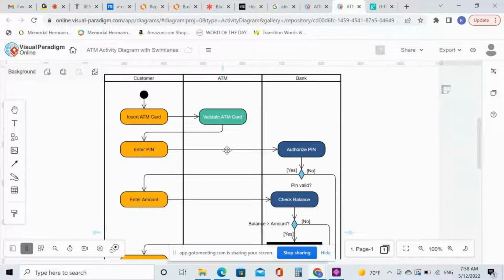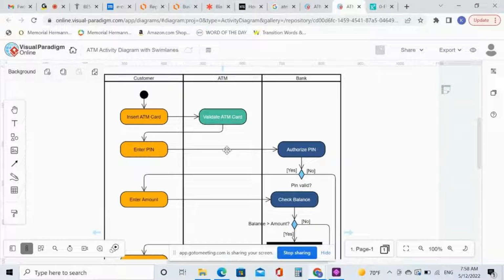Tell step by step, please. Don't just say validated. You tell me first: if you go to the ATM machine, what do you do, step by step? So I would enter the ATM card. Next, I would put my PIN. What happens once you put the PIN?